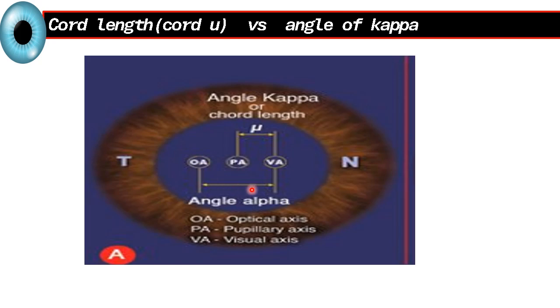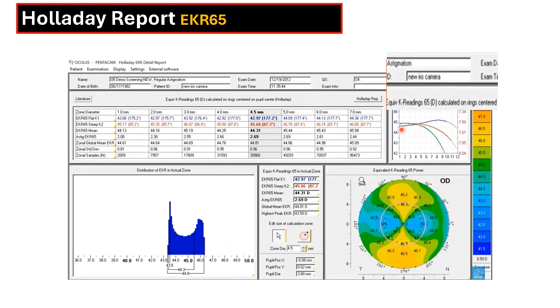This angle alpha is also important in planning for intraocular lens implantation, especially diffractive multifocal IOLs. So I hope by this diagram and this explanation, the relation between the angle of Kappa and the chord length becomes very clear.